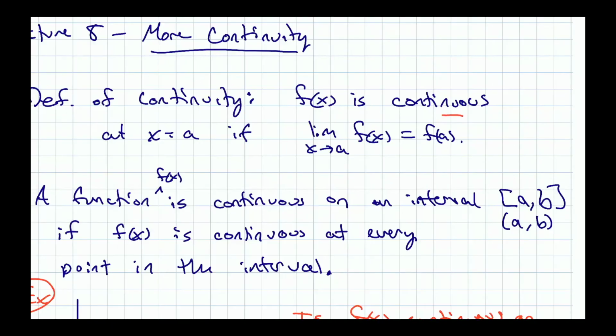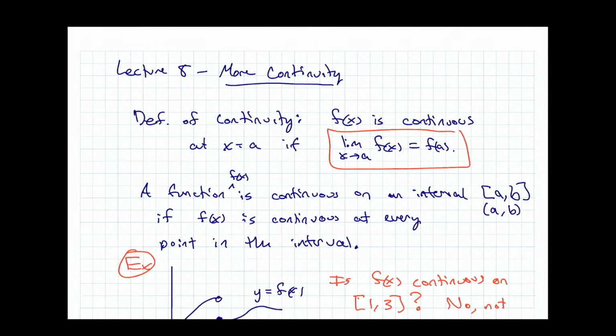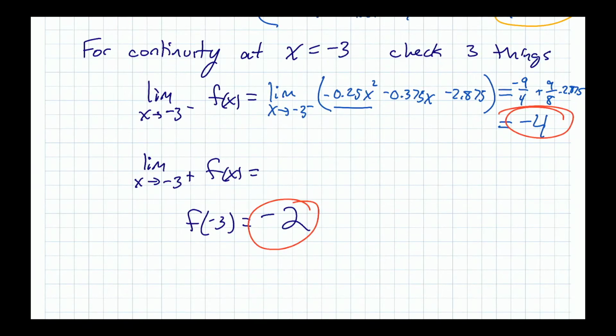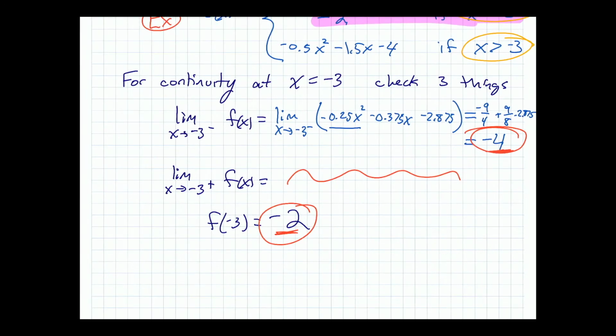We need the limit and the function value to be the same. But they're not, because the limit, if it even exists, is negative 4, but the function value is negative 2. So we don't even have to do this third one here. You could, but if you did, there's no value that it could be that would make all 3 of these equal, because we already have 2 of them that aren't equal.